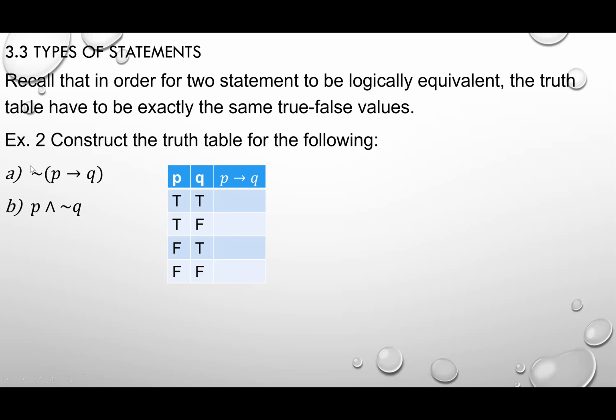So reminder, the only time the if-then statement is false is when the first thing is true and the second thing is false. If it's not the case that the first thing is true and the second thing is false, the conditional statement will be true.